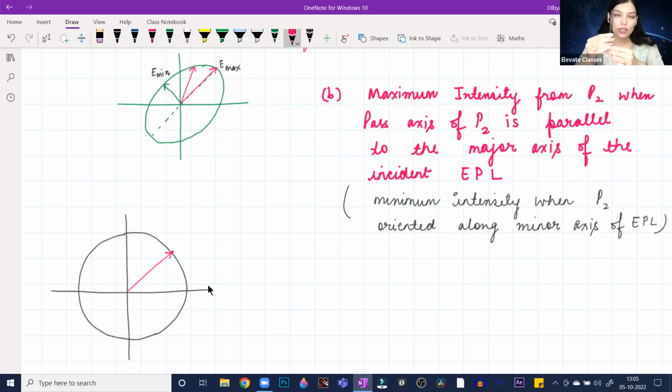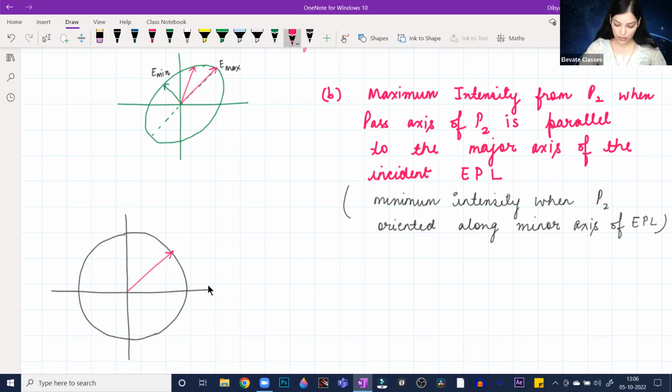And because it will trace an ellipse, the size of the vector is first large, then it becomes smaller and smaller, then when it is oriented parallel to the minor axis, it is smallest, then it started increasing in size, then it was largest when it is oriented again parallel to the major axis, and then again it started decreasing.